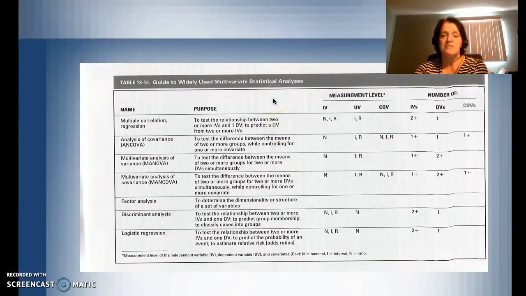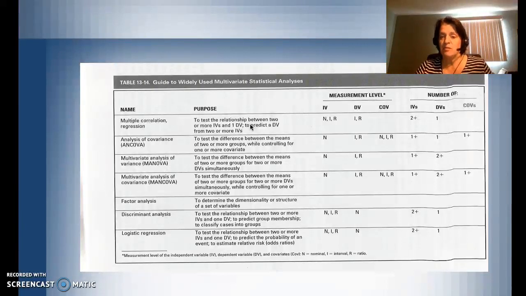Sometimes you do see what they call multivariate statistical analysis, and this is a bit of a complex slide, but I'll just touch on the ones I talked about in the past. The idea here is, with all of this stuff, that you have several variables in the soup all at the same time, right? And what you're trying to do is predict what the dependent variable will be. So correlational regression, you have two or more independent variables and one dependent variable, and you're just trying to see how they interact together, it's often way more than two, to predict the dependent variable.